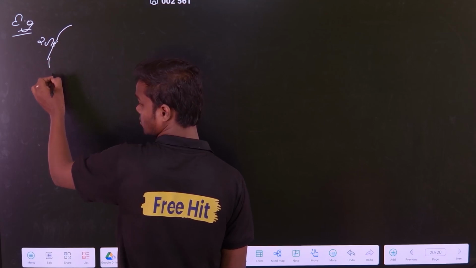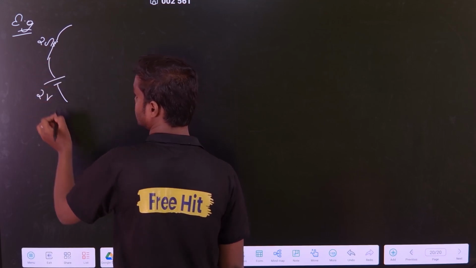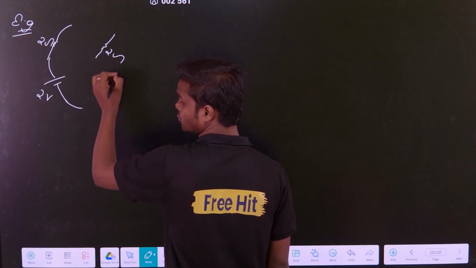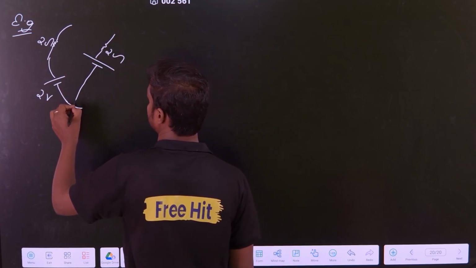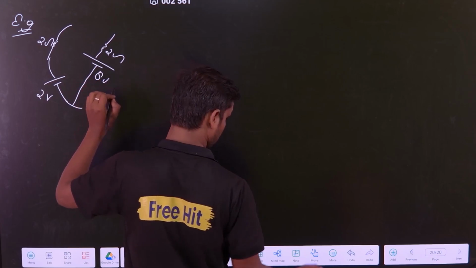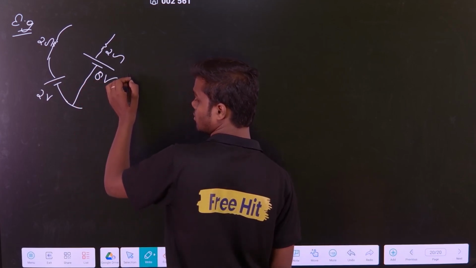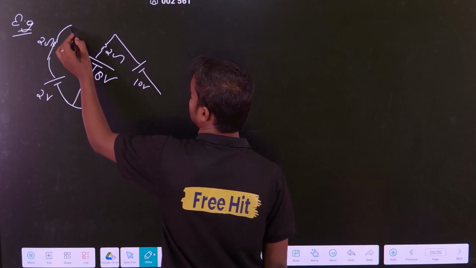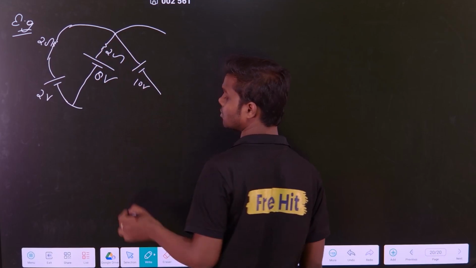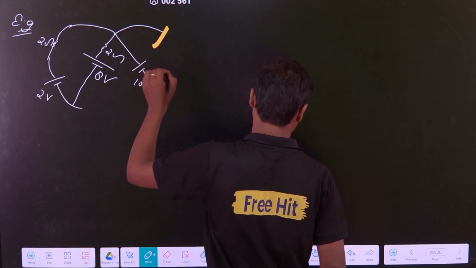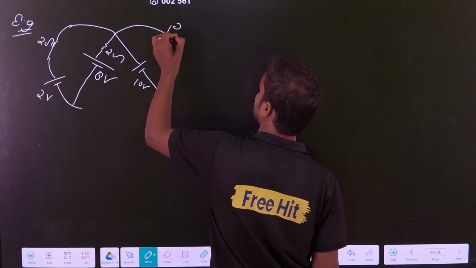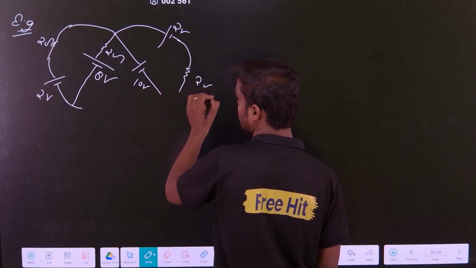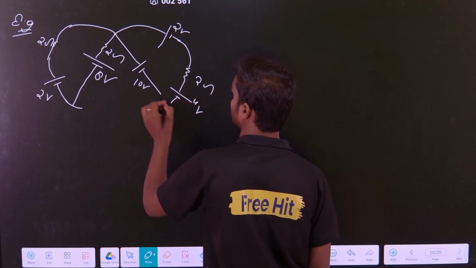Suppose this is 2 ohm, this is 2 volt, this is 2 ohm, this is 8 volt, this is 10 volt, volt, 4 volt.